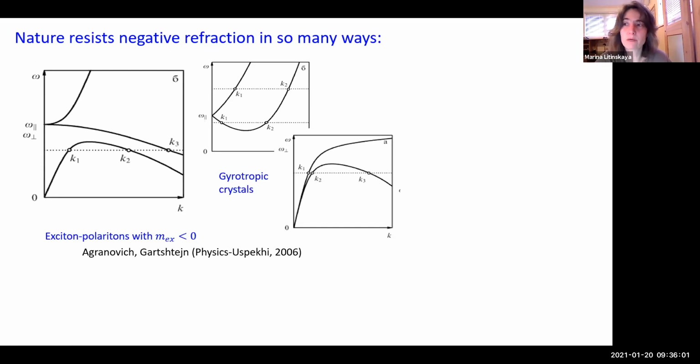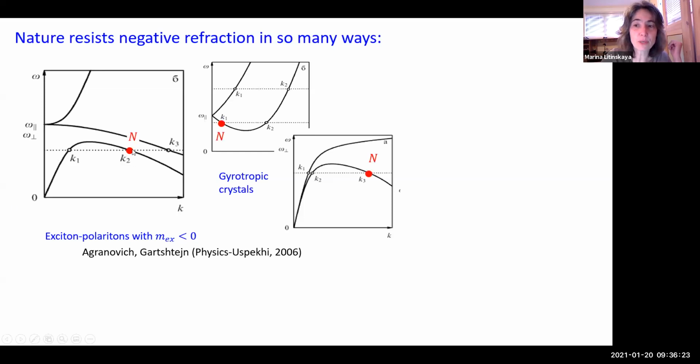And we know from condensed matter that there are waves with a negative slope of the dispersion curves. For example, these are the polaritons with an exciton with a negative effective mass, right? So this was the negative slope of the exciton, and these are the polaritons.